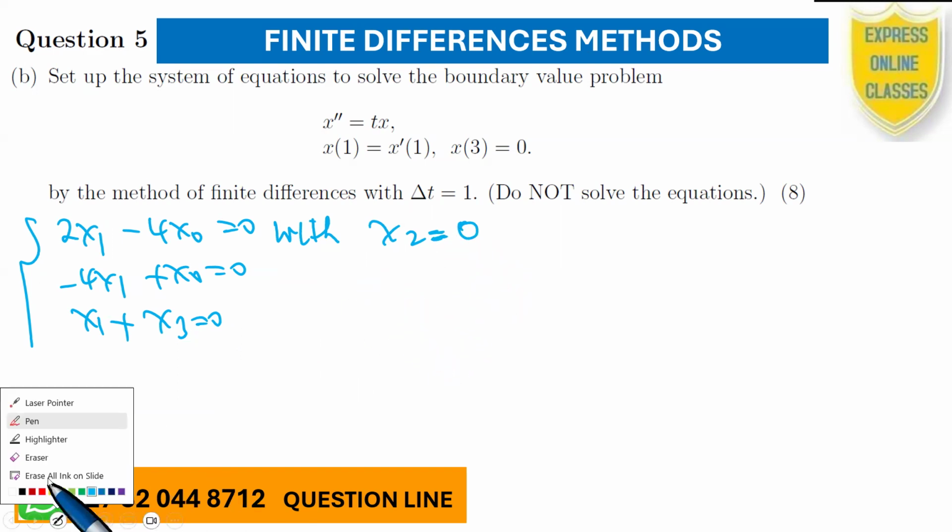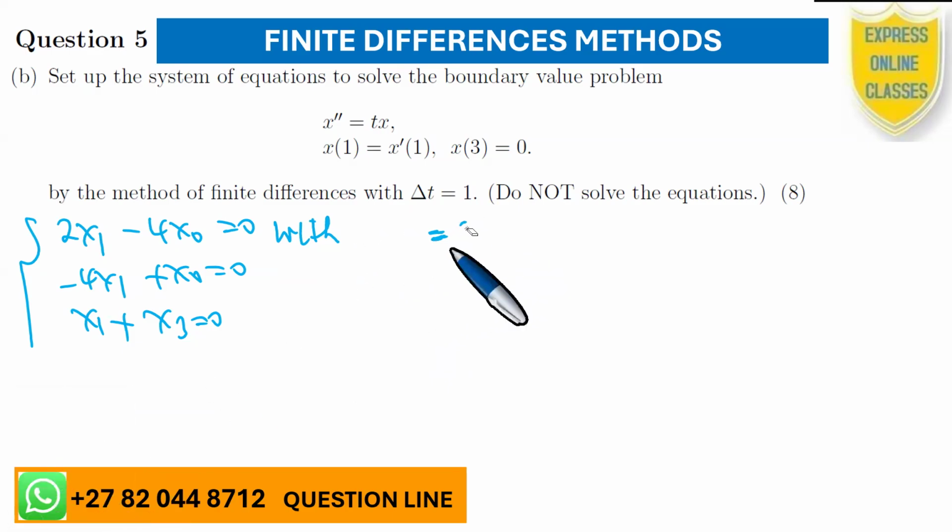Obviously, we have used that condition, so we can delete it. So now we need to get x1, x0, x3. But let us write it properly, so that we can use octave.